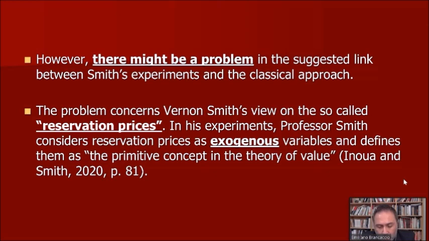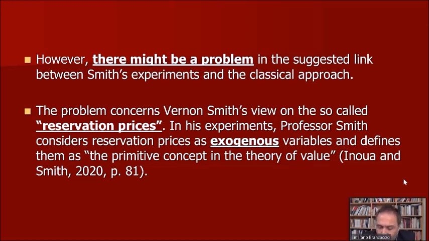The problem concerns Vernon Smith's view on the so-called reservation prices. In his experiments, Professor Smith considers reservation prices as exogenous variables and defines them as the primitive concept in the theory of value.